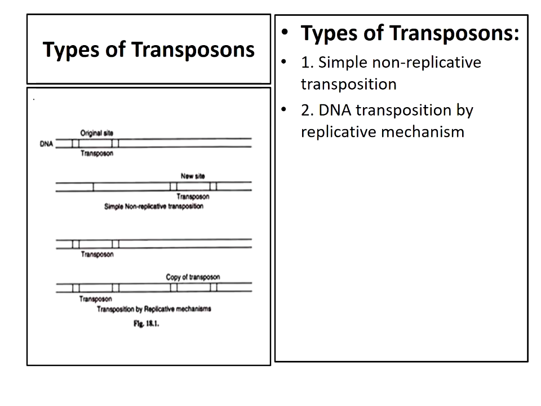There are two types of transposition. The first is simple non-replicative transposition, and the second is DNA transposition by a replicative mechanism. Let us look at the first type, simple non-replicative transposition. It involves the excision of a transposon from its original location to a new DNA site.